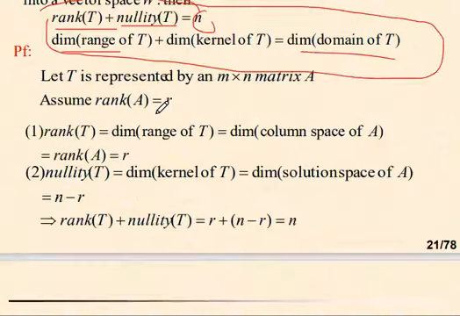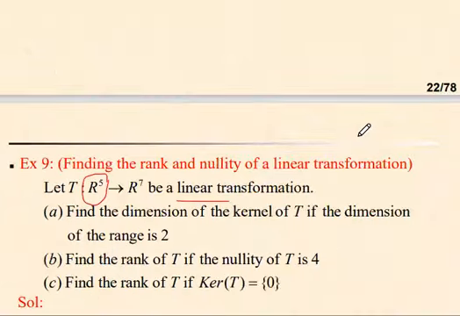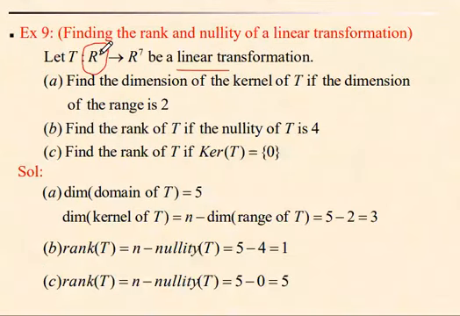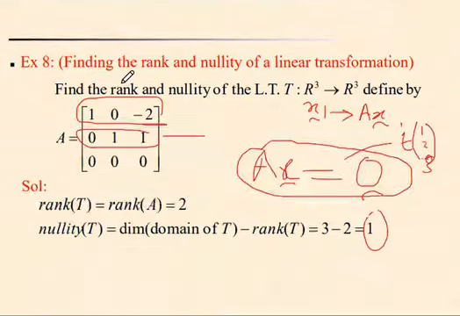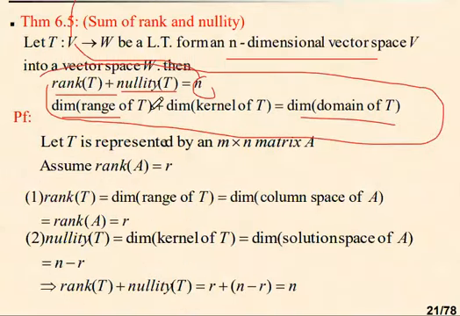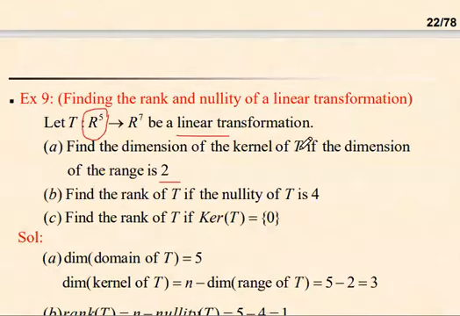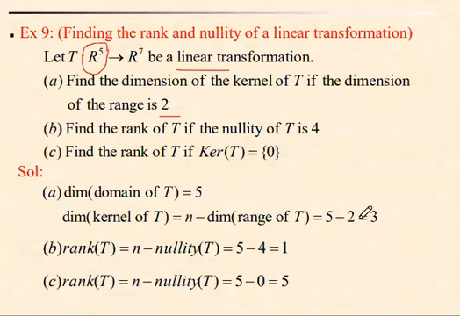You can use this theorem: 5 minus 2, the dimension of the range, gives the dimension of the kernel. 5 minus 2 is 3.